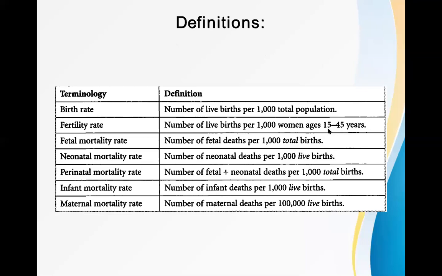Okay, because we roughly believe this is between the period of menarche and menopause, though this doesn't exactly fit, because many girls start menarche at the age of 12 or 13 or sometimes even before that. Okay, but let's talk about the average one, and let's make it easier. That's why it's 15 to 45 years.